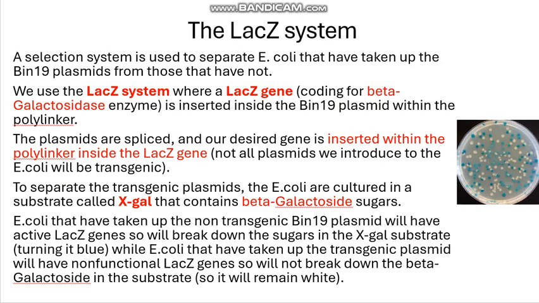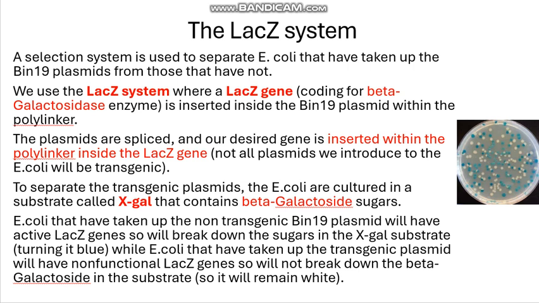So why have we put the LacZ gene inside of the polylinker? We use a selection system to separate E. coli that take up our transgenic Bin19 plasmids from those that have not. The LacZ gene codes for an enzyme called beta-galactosidase.